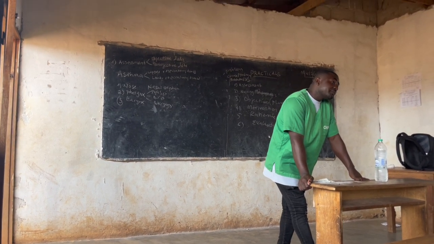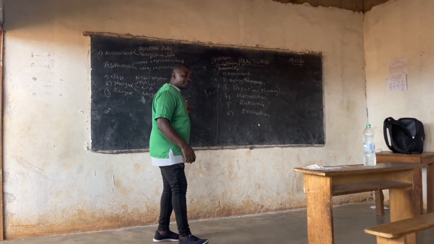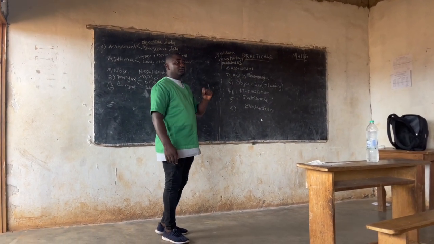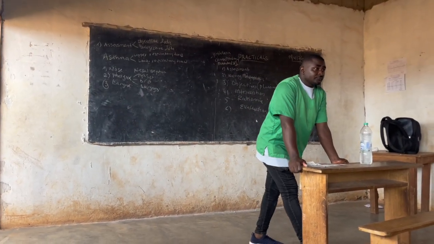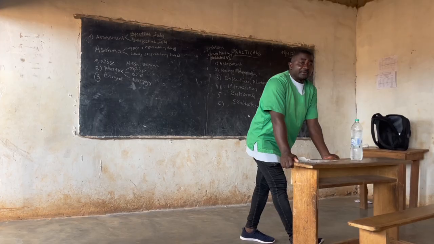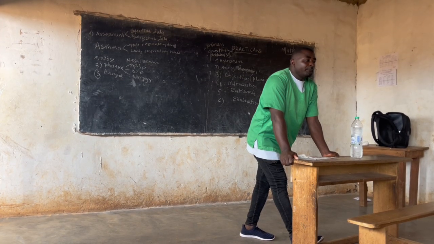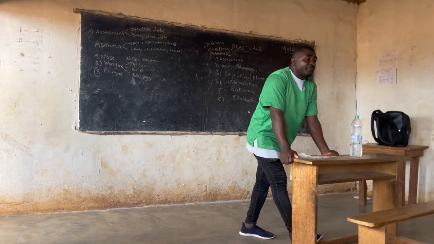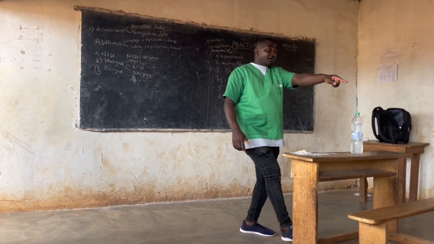Those are ways to prevent bed sores. Normally, bed sores are assessed by what we call the Braden scale. What are the components that make up the Braden scale? The Braden scale helps health personnel to know the risks of bed sores for a patient. Are we there? You write it down.